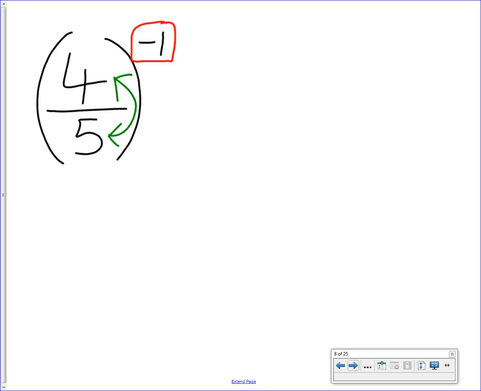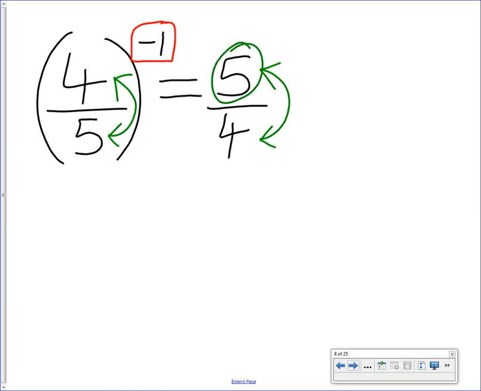This time it's a fraction with a numerator and a denominator that isn't 1. So we flip it upside down to get 5 over 4. The 5 and the 4 have swapped places. So you find the reciprocal of a fraction by swapping the top number and the bottom number over.